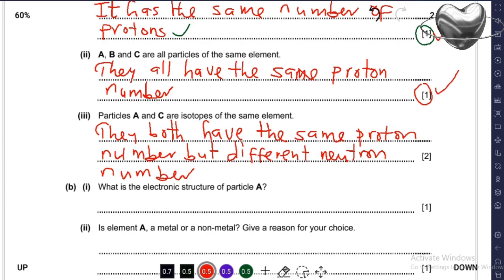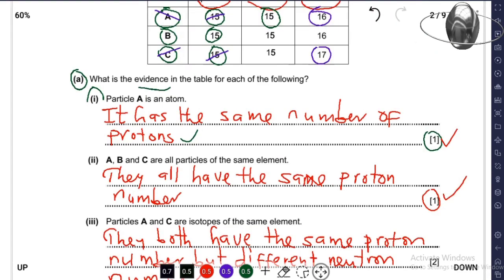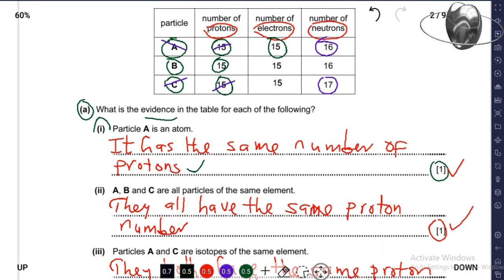What is the electronic structure of particle A? When we look at particle A, we'll find that the proton number of this particle is 15. As we confirm, we have it here. So the particle A is having the proton number 15.